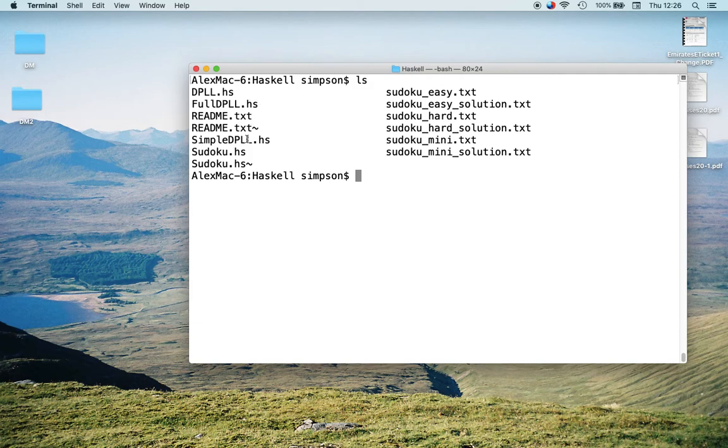The simple DPLL just does unit clause propagation and doesn't deal with the pure literals. So I'm going to use the full DPLL algorithm, but this is just the algorithm itself. I want to use my wrapper program, which is going to deal with the sudoku problems.